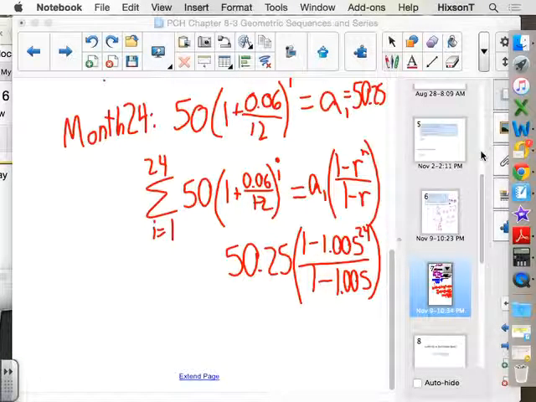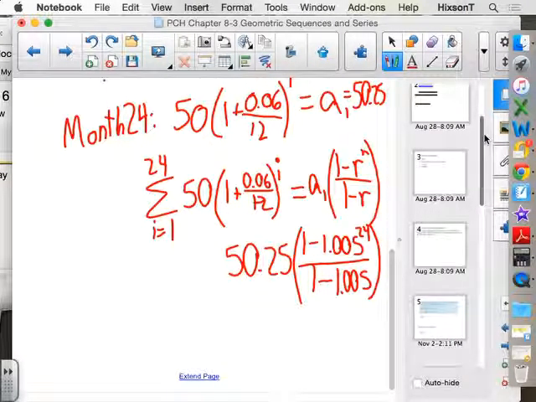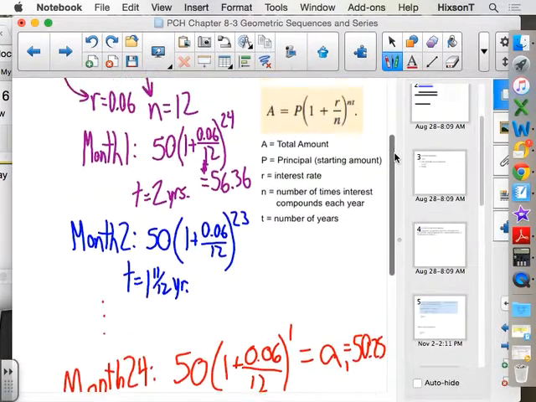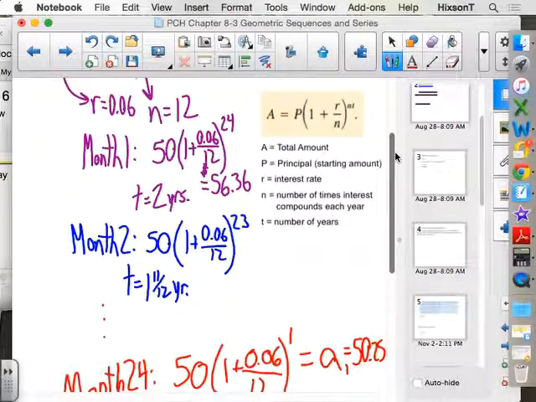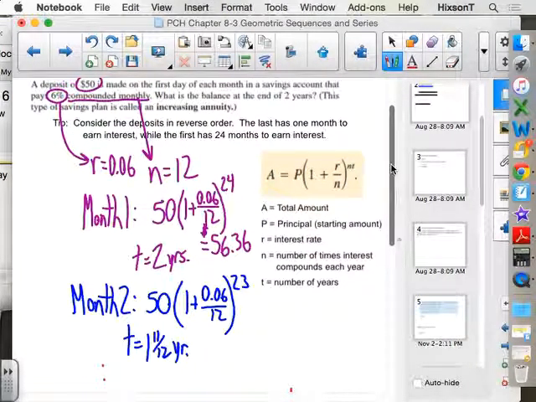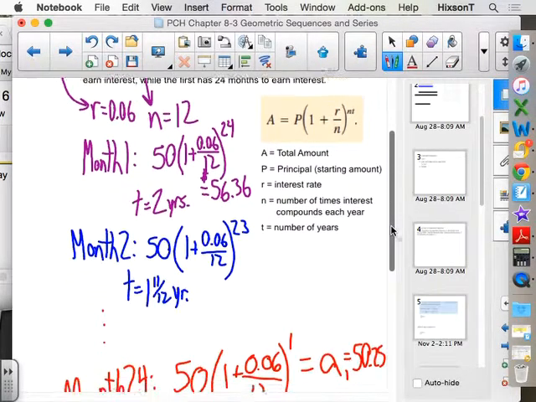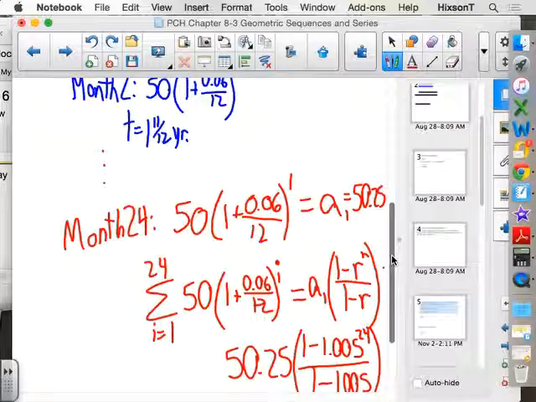Remember back here, this deposit was growing for 24 months, this deposit was growing for 23 months, 22, 21, and I said the one thing that we would do is we're going to consider the deposits in reverse order, okay? So A sub 1 would actually be that deposit we made in the last month that only got to grow for 1 month. So to find A sub 1, we have to just put it to the first power.